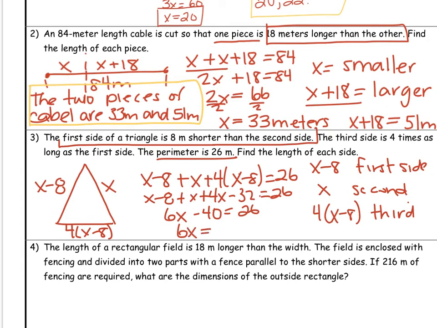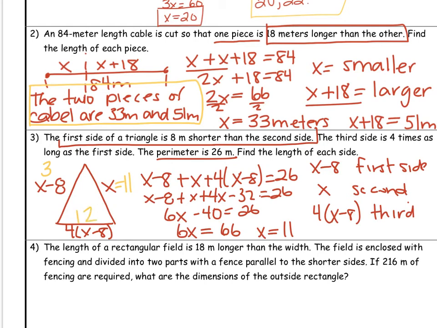Add 40 to each side, we get 6x equals 66, and so x is 11. So the second side is 11. The first side is 11 minus 8, which is 3. And then the third side is 4 times 3, which is 12.